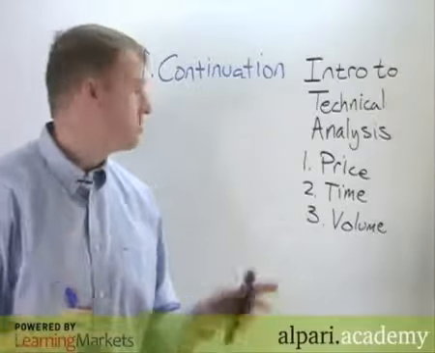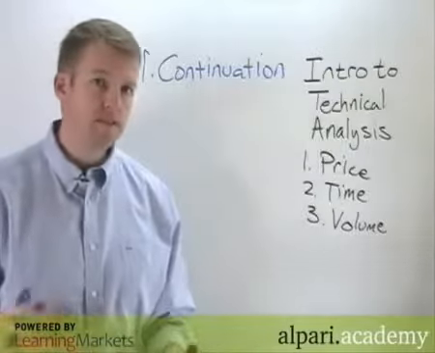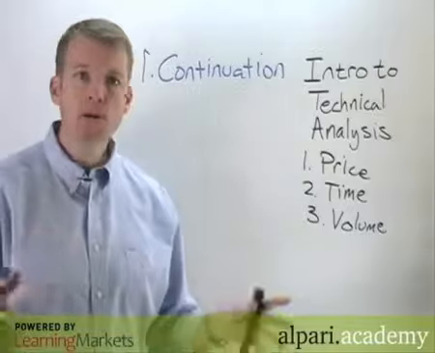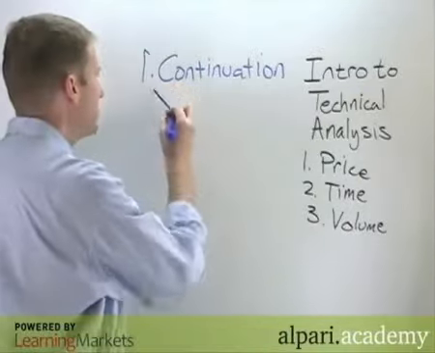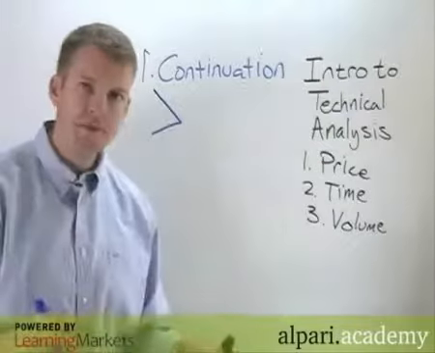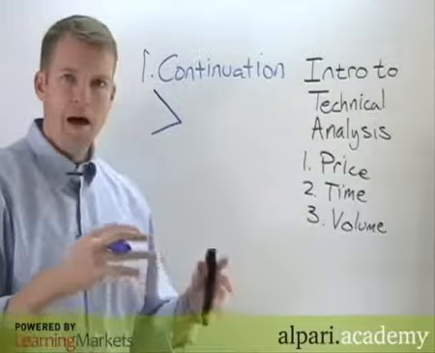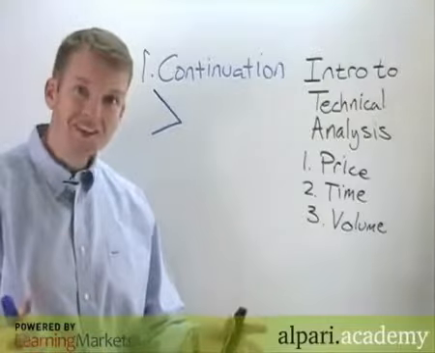Now, technical patterns that fall into this category of continuation, probably the most common type is some kind of a triangle. Now, oftentimes you'll see technicians talk about this as wedges, pennants, triangles themselves.